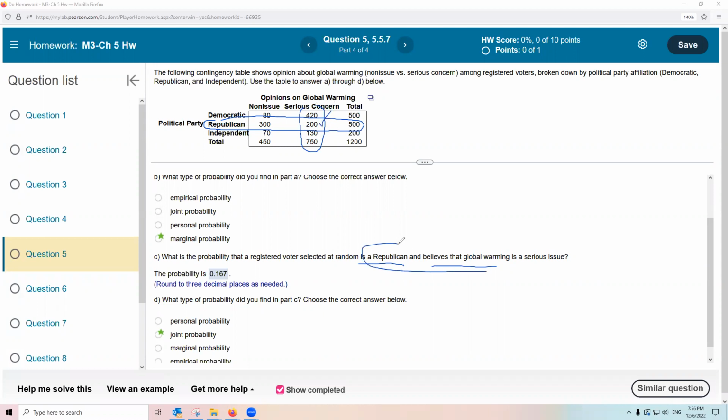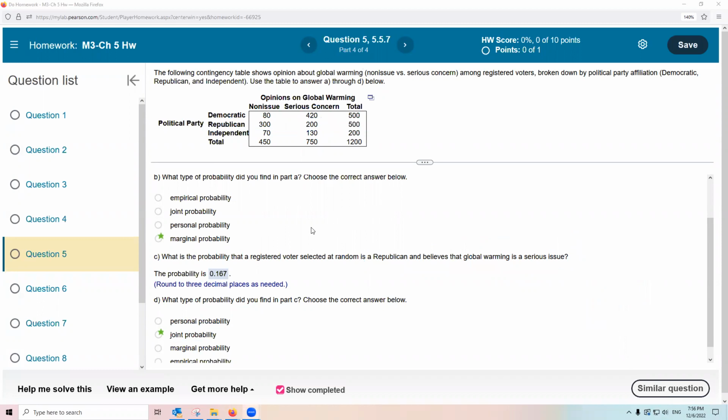So for this probability, I'm going to set it up to be the number 200 divided by 1,200. Because I needed the number of people that were both Republicans and think global warming is serious. Well, that number is 200 from the table. And if I work this out on my calculator, I get 0.167. Well, notice we were figuring out a probability for the intersection of a row and a column. For that, we call that a joint probability.